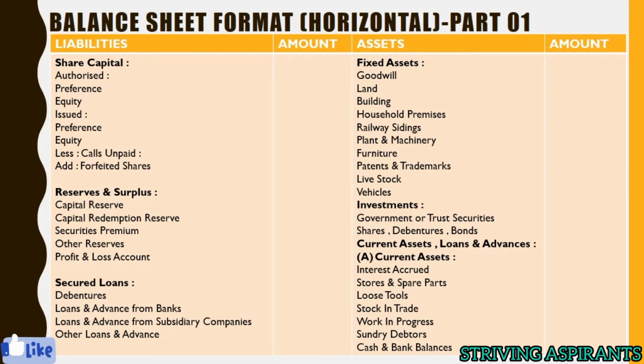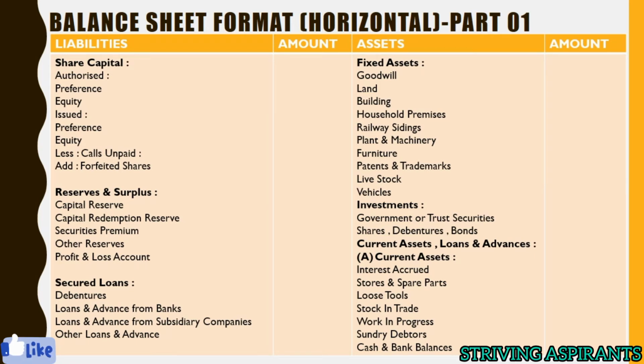This profit and loss account means the credit balance of profit and loss account, that will be taken here. The third head is secured loans, under which we will add debentures, loans and advance from banks, loans and advance from subsidiary companies, other loans and advances.